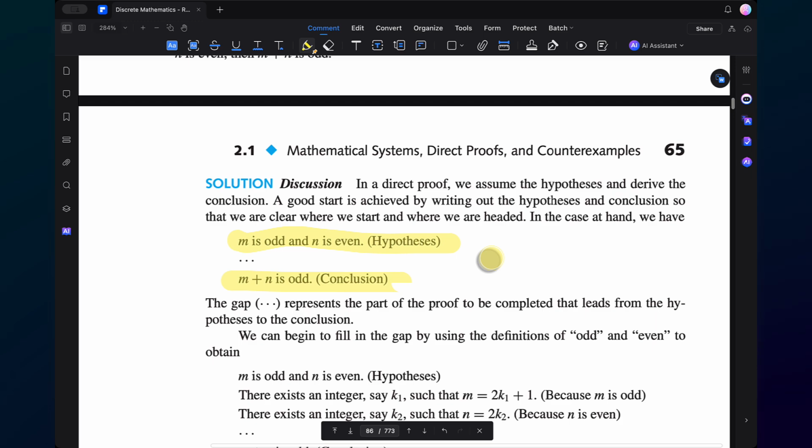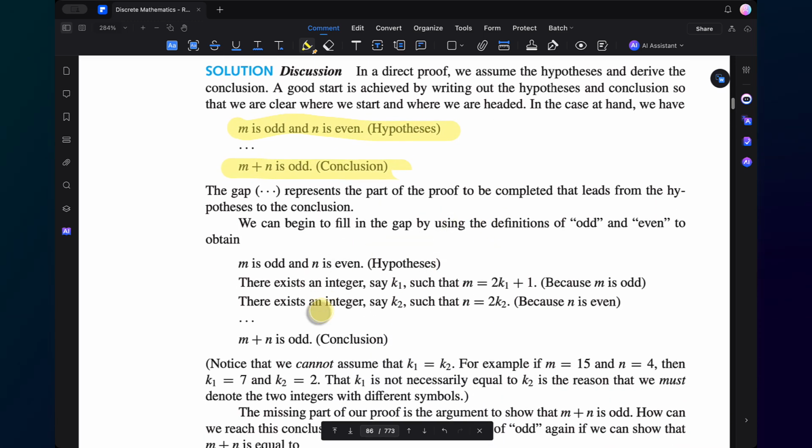Based upon the hypothesis, what does that mean? It means there are k1 and k2 such that m equals 2 times k1 plus 1, and n equals 2 times k2, because it's even.